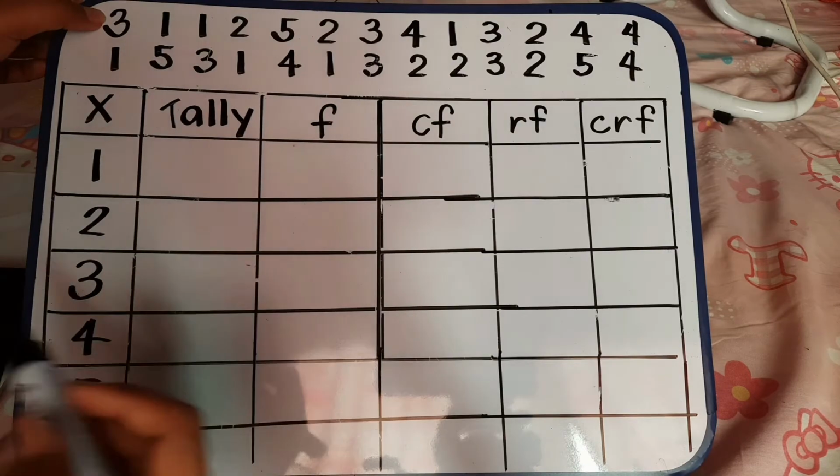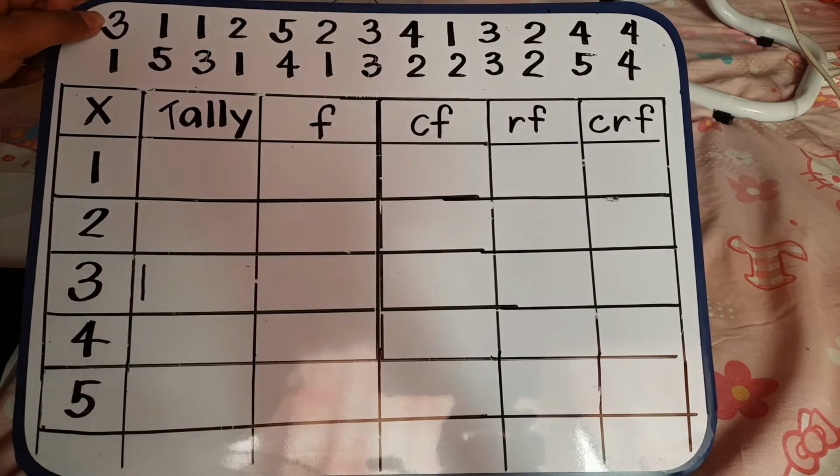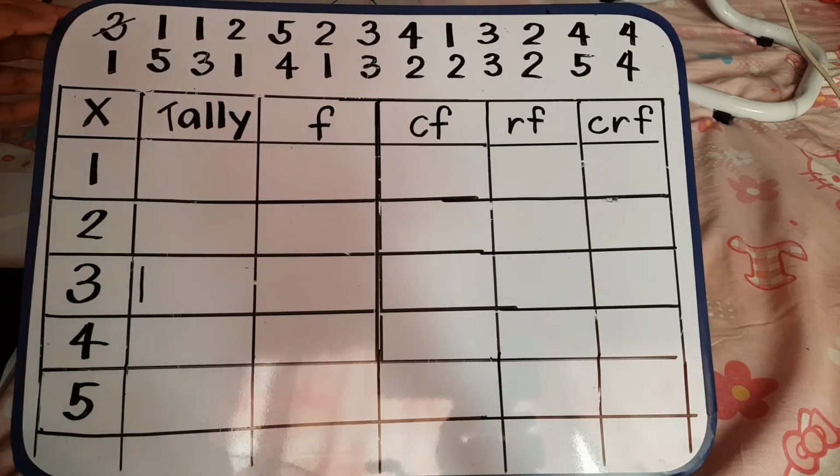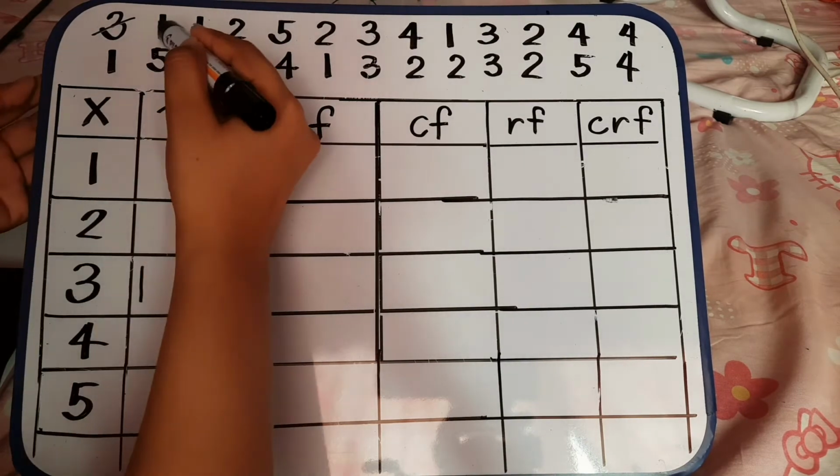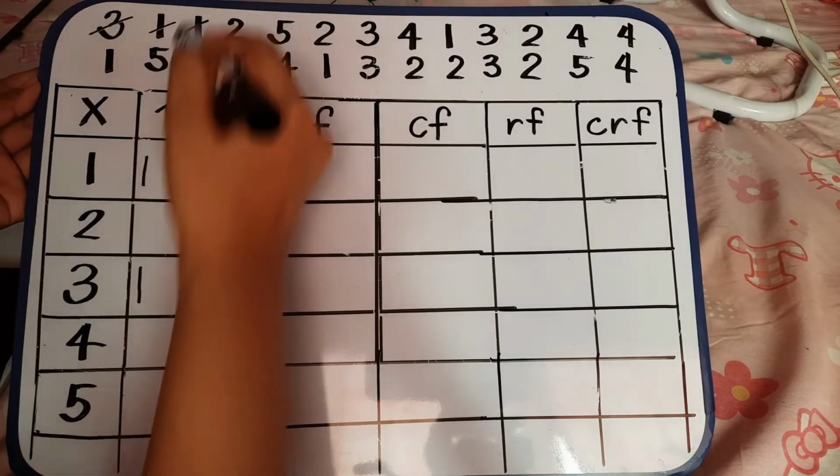So, for example, number 3. Okay, so ito yung 3. So, lagay tayo ng isa dyan. And then, i-mark na natin to so that hindi kayo malilito kung na-count nyo na ba siya or not. So, 1. Okay, 1.